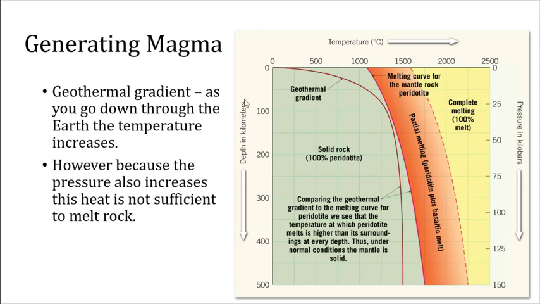So anyway, this line right here is what we call the geothermal gradient. That's the temperature that rock is at that depth. Another way of thinking about it is, if I was to bury a rock this deep, let's say 100 kilometers down, how hot would it be?